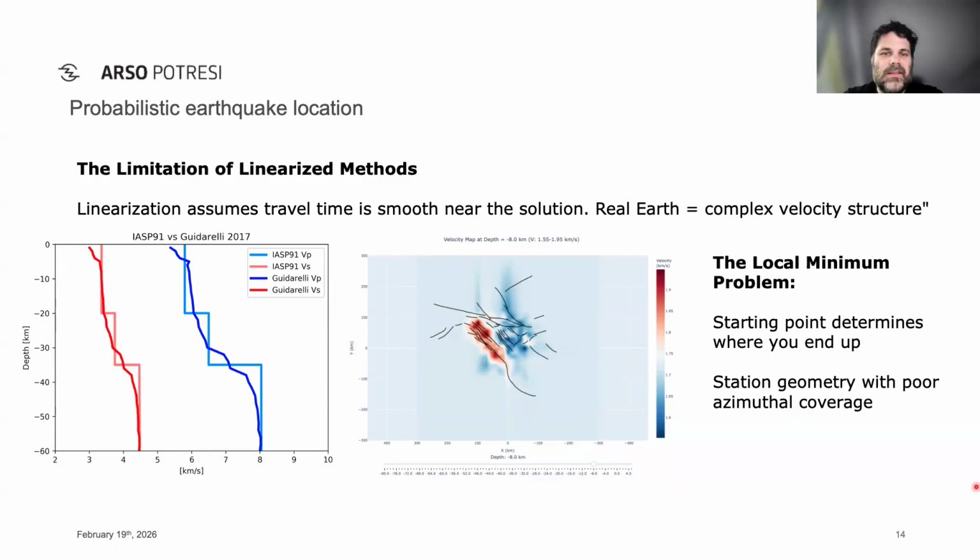We can easily get stuck in a local minimum when we are exploring this space and get a completely wrong location. So using these linear approaches quickly motivates us to use a more probabilistic approach, which will explore the entire solution space rather than descending towards a single point where the earthquake would happen.